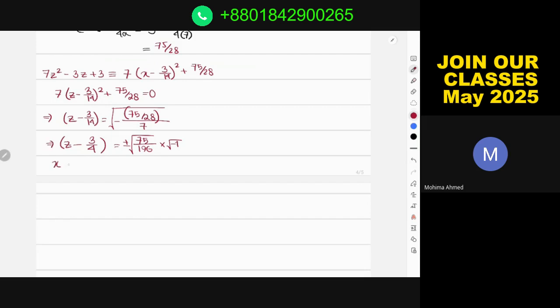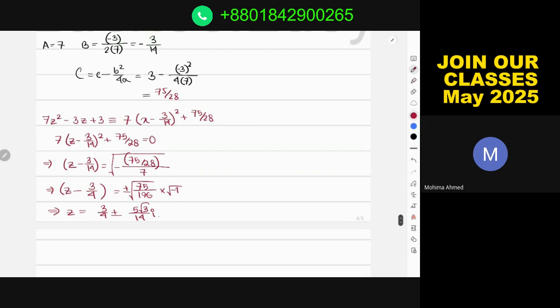And finally, you can write this as z equals 3 over 14 plus minus 5 root 3 over 14 i, right? And that is your complex solution over here.